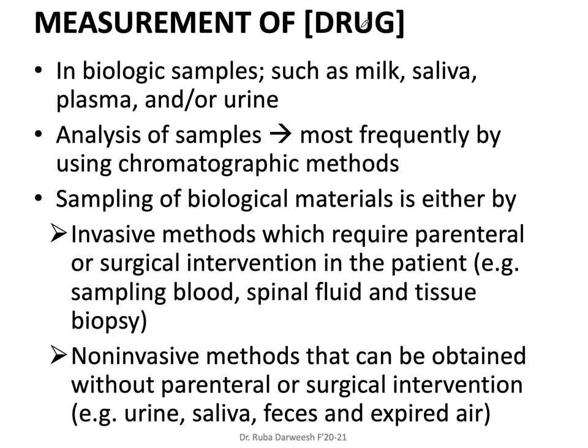For sure, the most common sample is blood, which could be whole blood, plasma, or serum, and we will talk about this in a minute. After that, we have urine and feces.